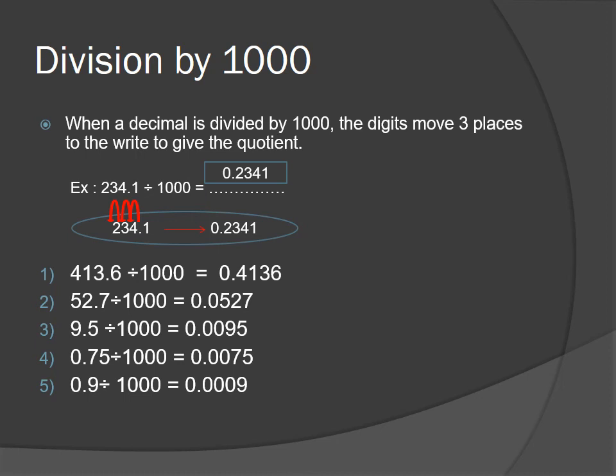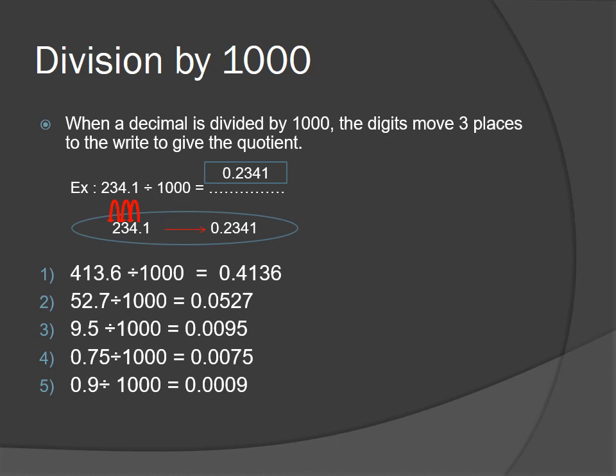First question, 413.6 divided by 1000. The answer is 0.4136. 42.7 divided by 1000 is equal to 0.0427. 9.5 divided by 1000 is equal to 0.0095. 0.75, if you divide it by 1000, you can get the answer as 0.00075.